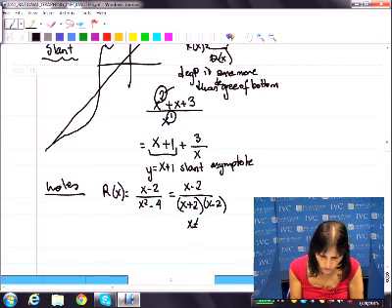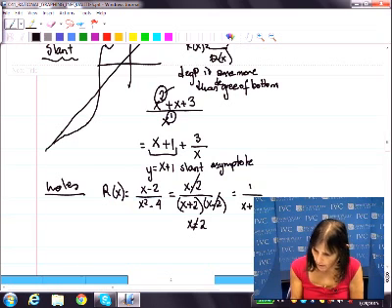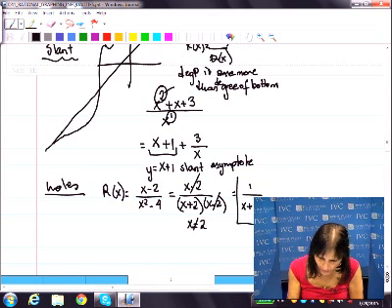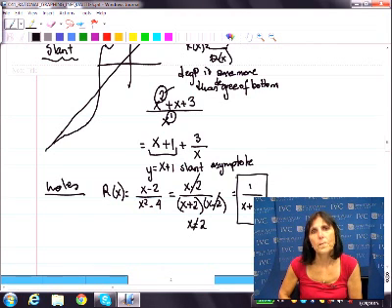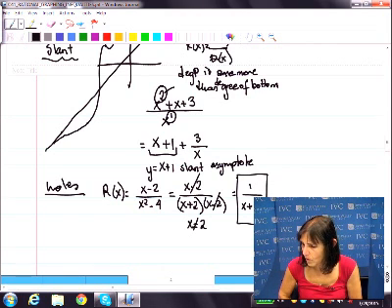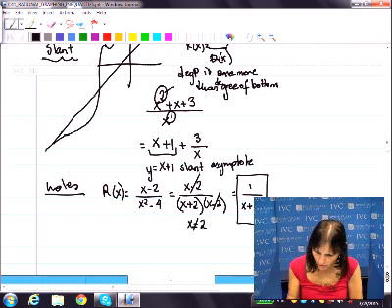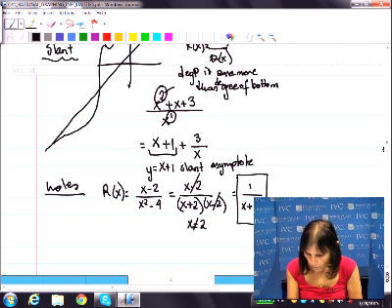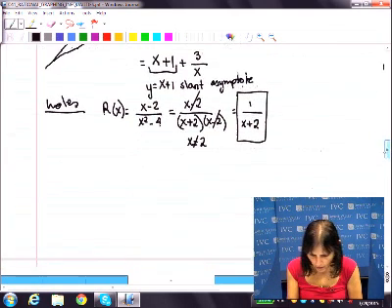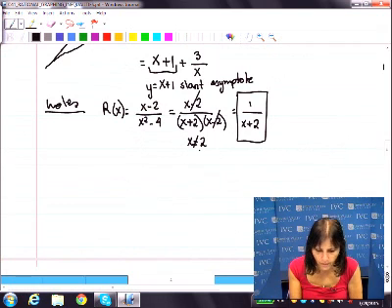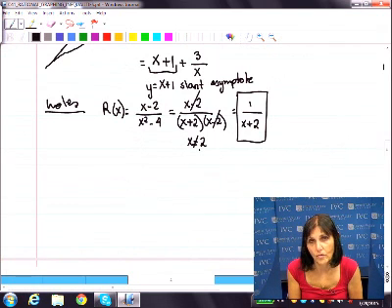When x is not 2, I can cancel. What does that mean? My function is going to behave like 1 over x plus 2. However, it's going to have a hole at 2.